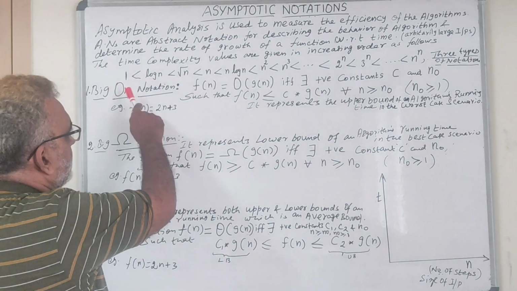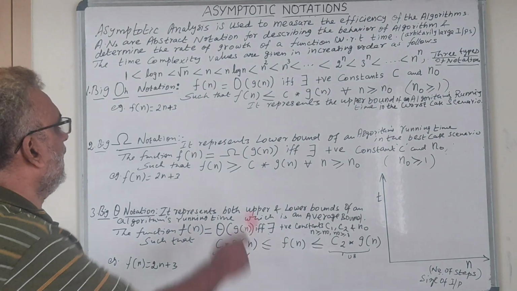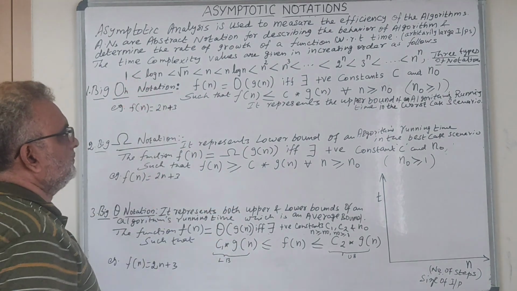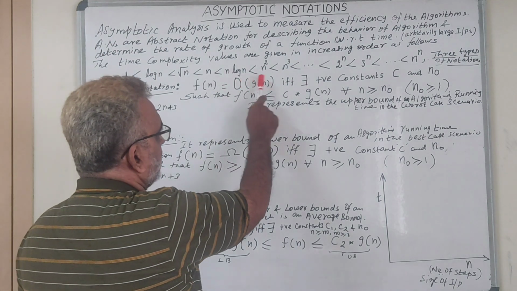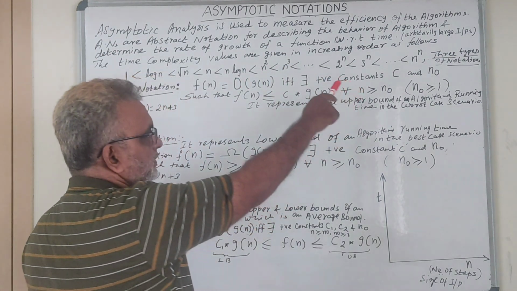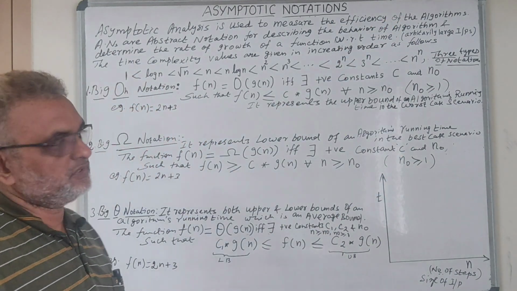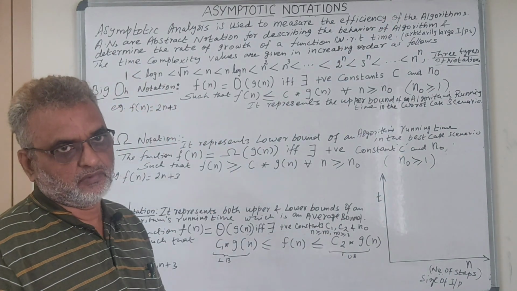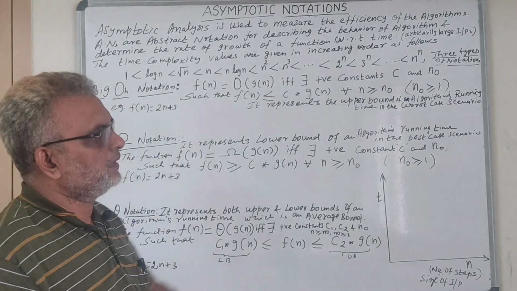The minimum value is 1, less than log n, less than root n, less than n, n log n, n square, n cube, 2 power n, 3 power n, etc., up to n power n. So this is the order of time complexity.